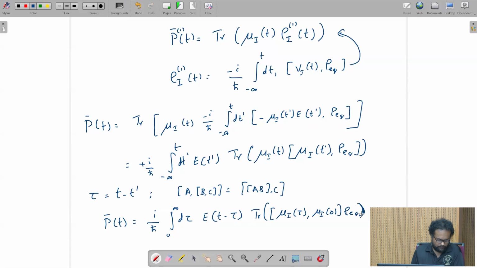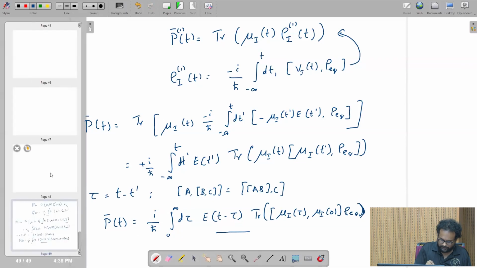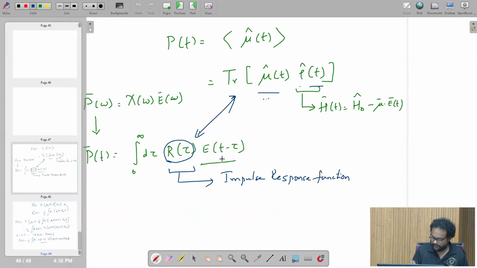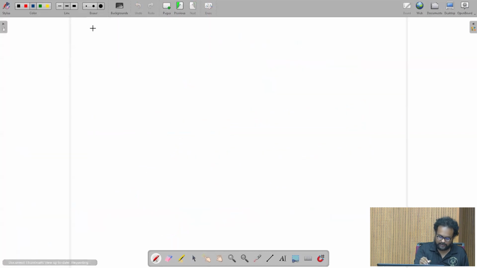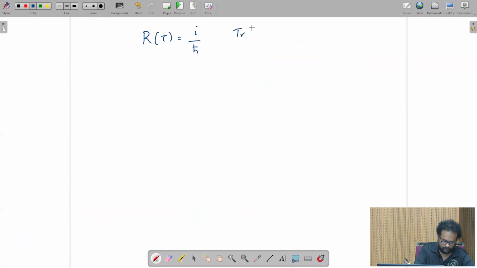Okay. Now if I compare this equation with the previous equation that I had, you can derive an expression for the impulse response function R of tau to be I over h cross trace of mu I of tau mu I of 0 times the density matrix.